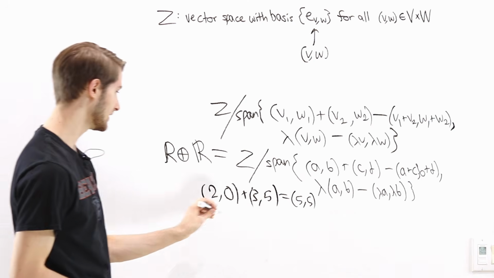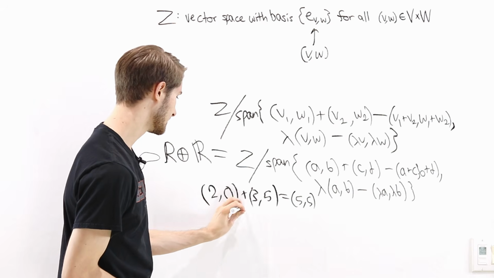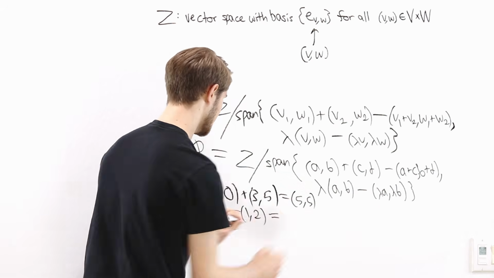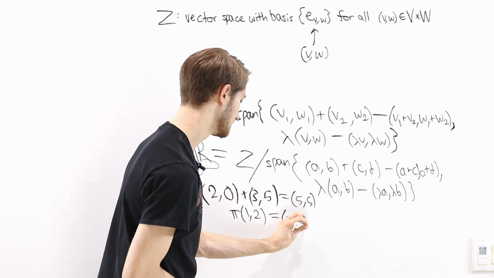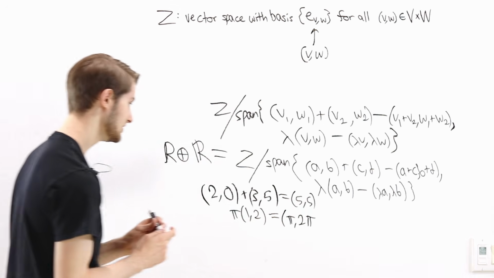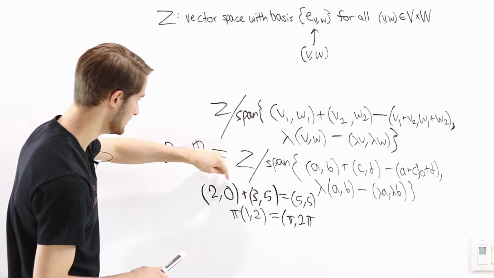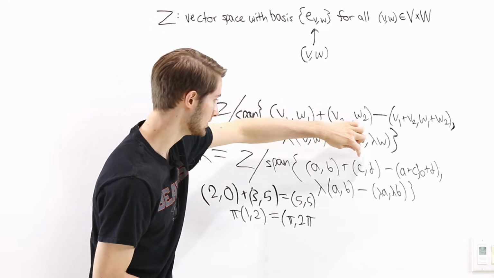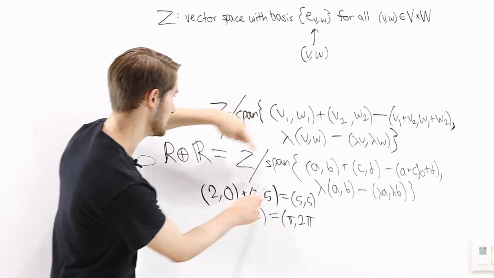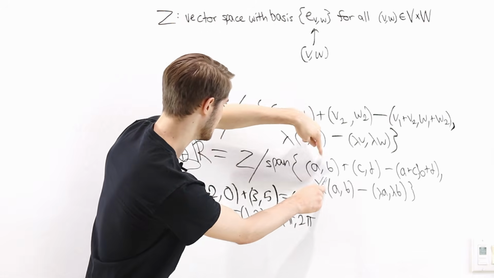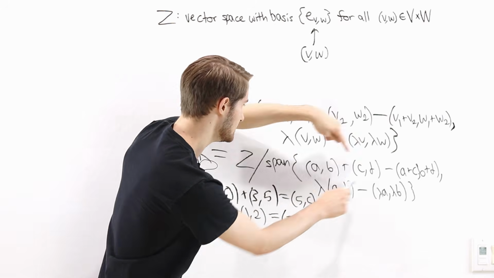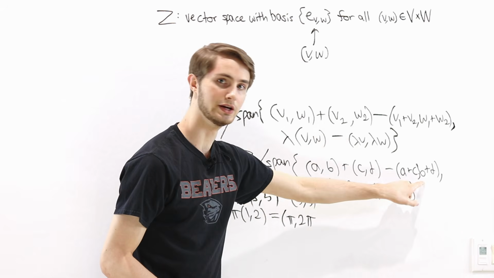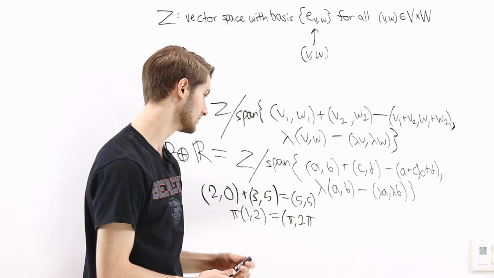And similarly, if we had something like pi times (1, 2), this is equal to, by the second relation, (pi, 2 pi). So in each case, we can take the numbers in these sums here, consider the relations where we plug in, for example, a = 2, b = 0, c = 3, d = 5.